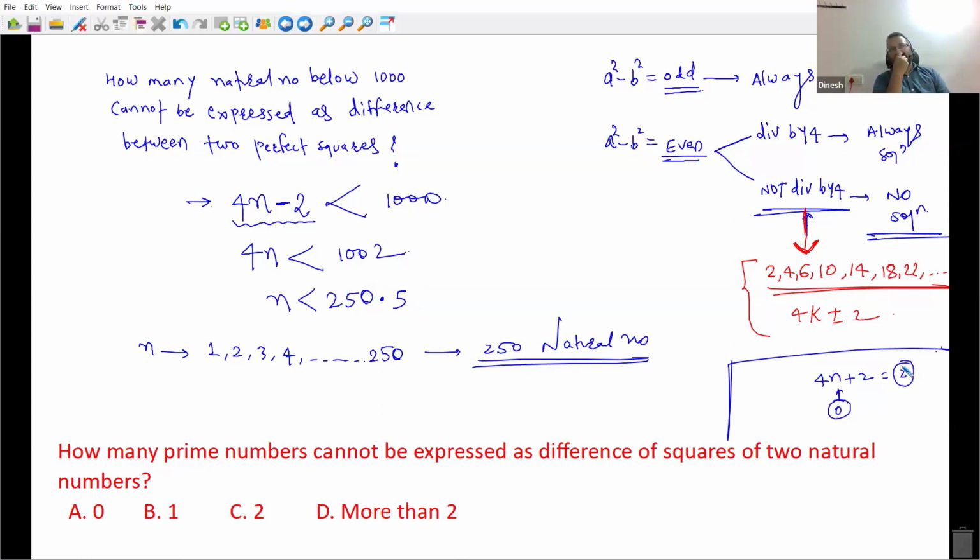Are you getting this? Sir, your voice is not audible. Can you please explain again? Am I audible now? Yes, sir. Over here, we can't put 0 because if we put 0, it will result into a negative number. Yes, sir. But if you are considering 4n plus 2, then we can use n is equal to 0. It will result into 2.